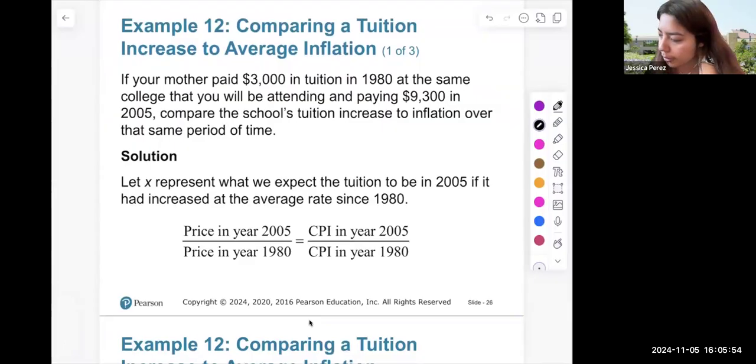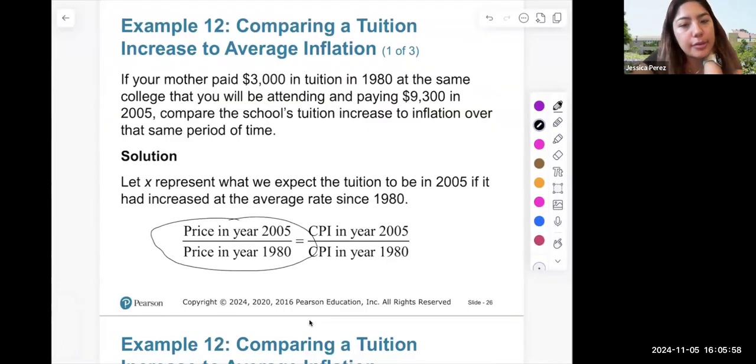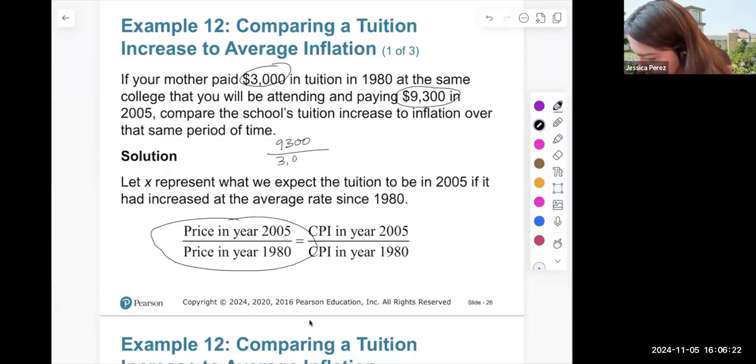We're going to look at the price in 2005 over the price in 1980 is equal to the CPI in 2005 over the CPI of 1980. So we have $3,000 and $9,300. So the price is 9,300 over 3,000, right? That's how much it's going to be.